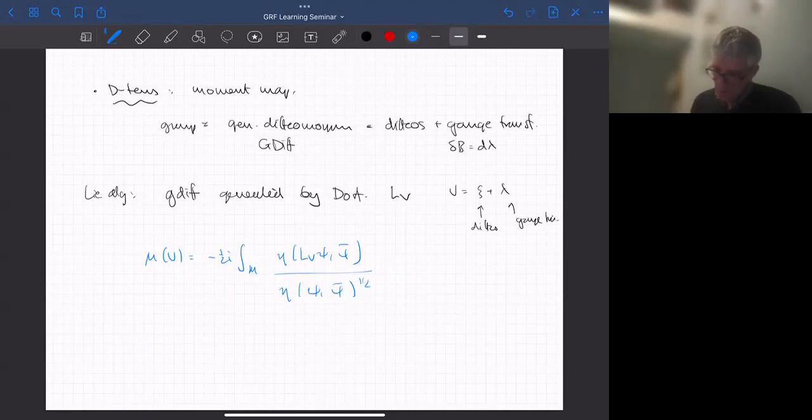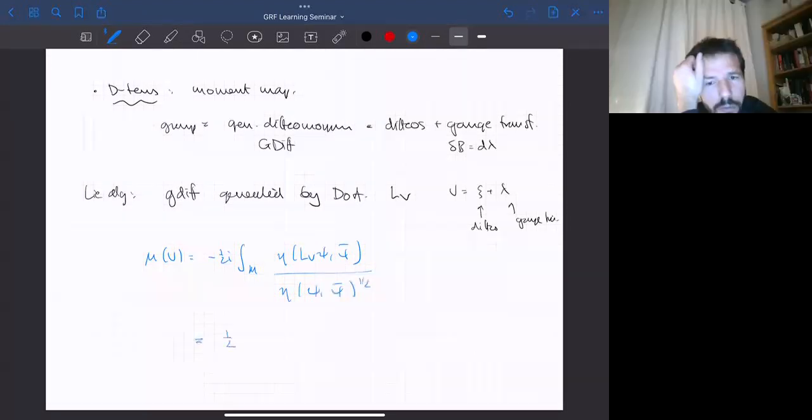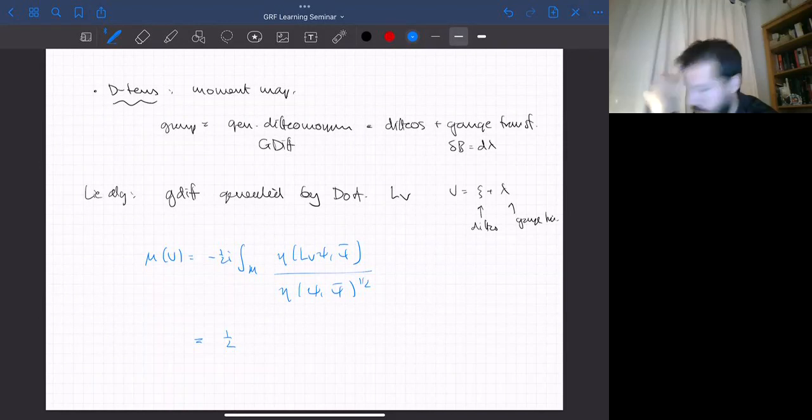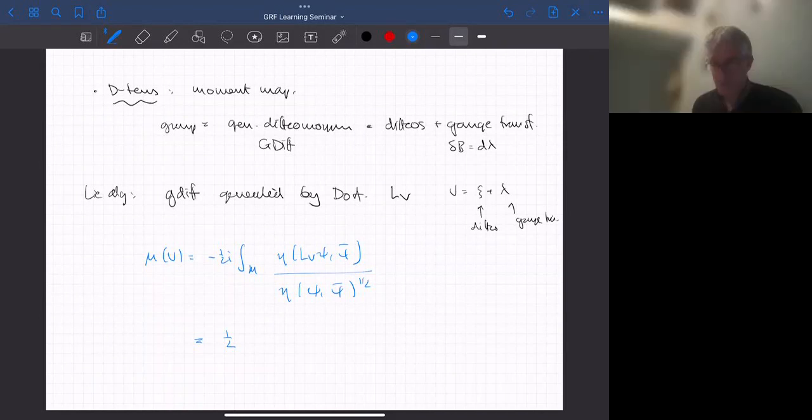And if you work out what this is, you find that it's given by the following thing. Before you wrote down the Kähler potential as the integral of eta psi bar, right? To the half. Yeah. So if I take psi bar and eta with it, that's naturally something that transforms in the determinant bundle squared.